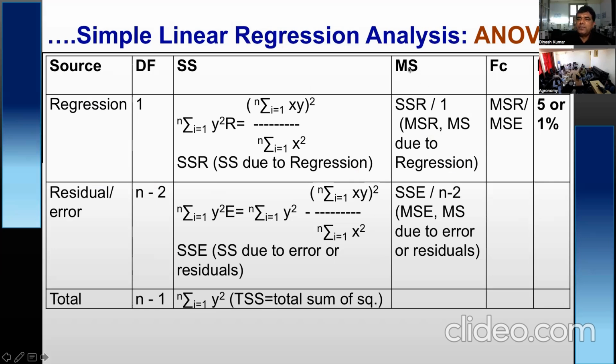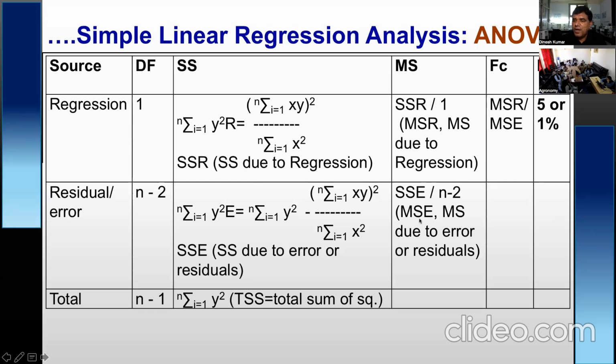Now mean square. Mean square means this column divided by this column. If you divide the sum of square values by the respective degree of freedom, you get mean square. So sum of square due to regression divided by 1, where 1 is the degree of freedom, gives mean square due to regression. Similarly, sum of square due to error divided by n minus 2 gives mean square due to error.